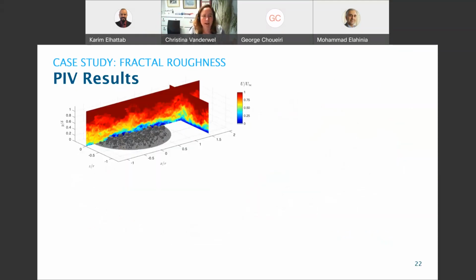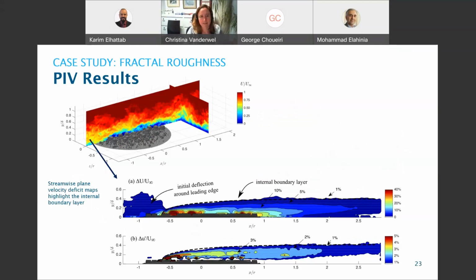So a good way to analyze this is by taking the mean velocity map and then subtracting the mean velocity map that we measured in the patch from the velocity map that we get when there is absolutely no city, so a smooth wall result. And so this gives us this plot here in the middle.